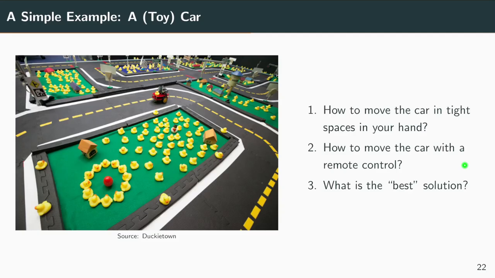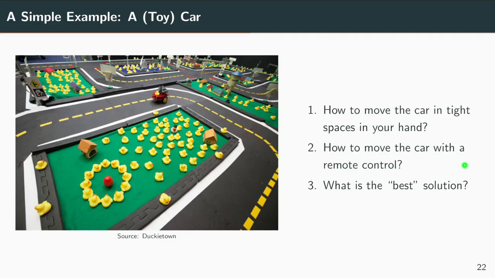And so motion planning, you can see in two ways. The first way would be, okay, I pick up this robot or one of the ducks and put it in my hand and then I move it around.